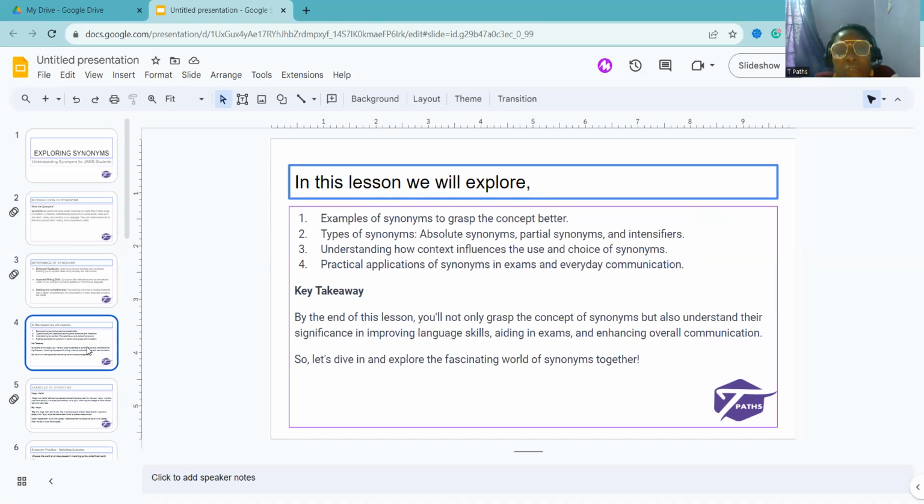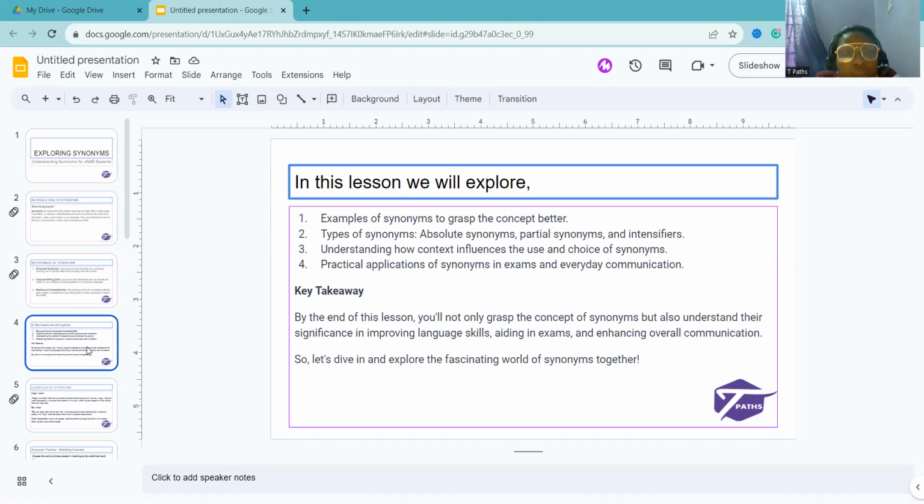So in this lesson, we are going to explore, first, examples of synonyms to grasp the concept better. Then types of synonyms, like the absolute synonyms, partial synonyms, and intensifiers. Another thing we are going to explore today is understanding how context influences the use and choice of synonyms.